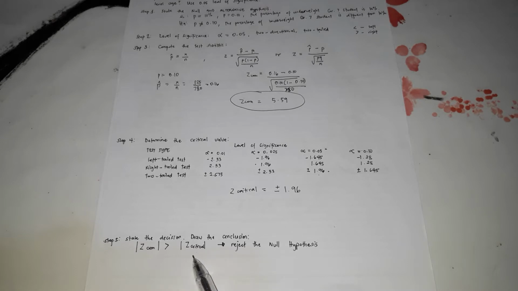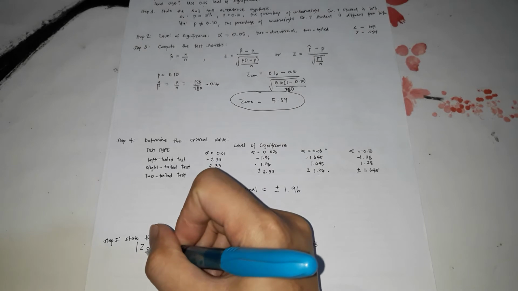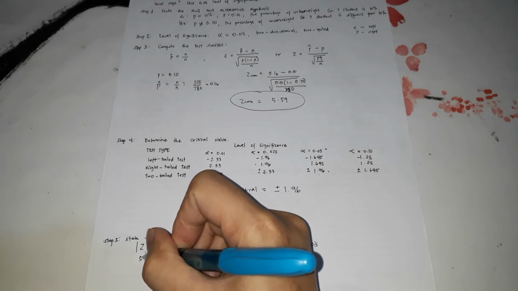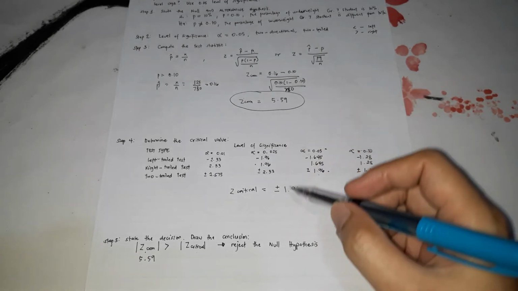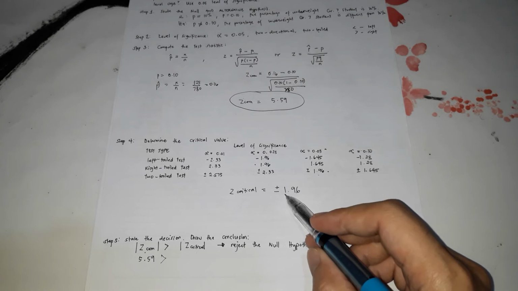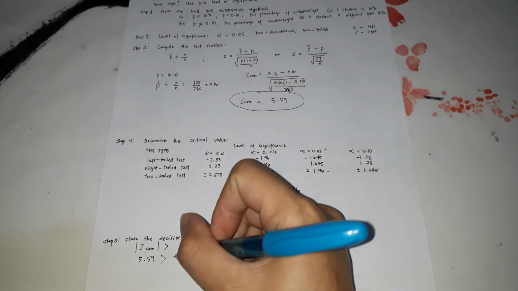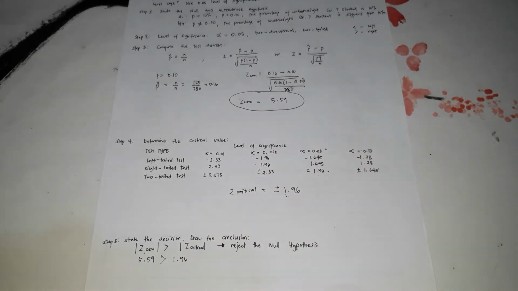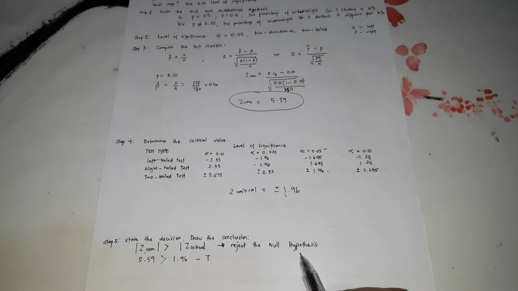Our z computed is already positive, so you don't need to change anything. It should be greater than the absolute value of the critical value, which means you just make it positive, 1.96. If it is true, we're going to reject the null hypothesis.